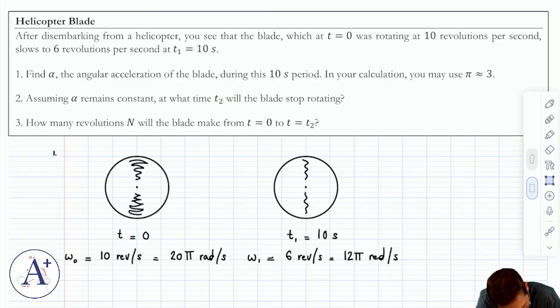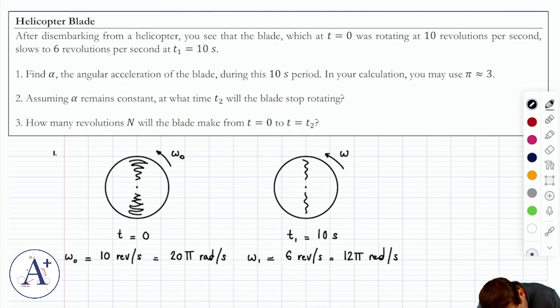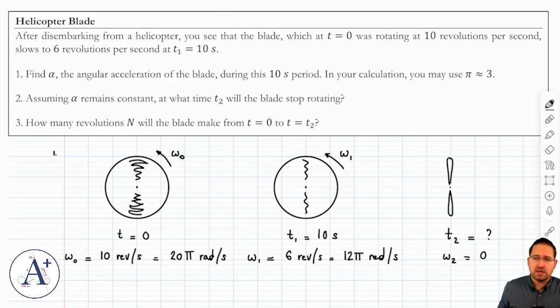Let's pick counterclockwise as the direction. It doesn't matter. And then by the end, when all is said and done, the helicopter blade is at rest. That's t2, to be determined, but omega 2 is 0.